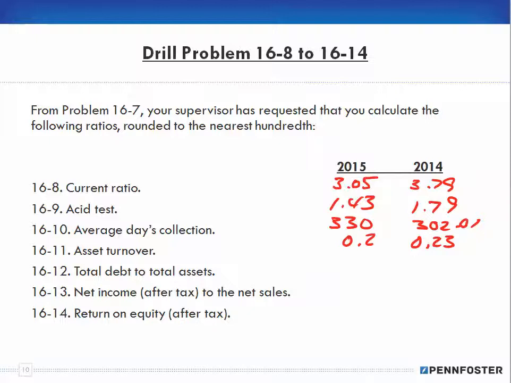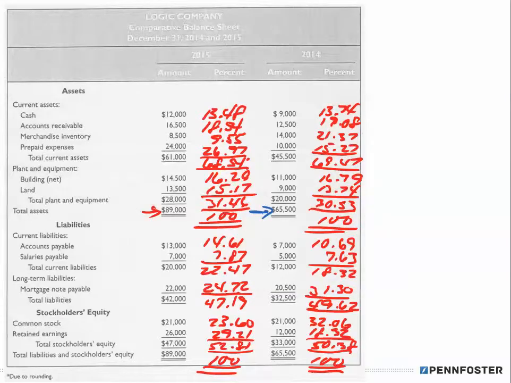Right, so now we have 16-12 as my total debt to total assets. Well, what's total debt? Total debt is liabilities, right? So I have my total liabilities, total debt, over my total assets. Both of those are found on the balance sheet.